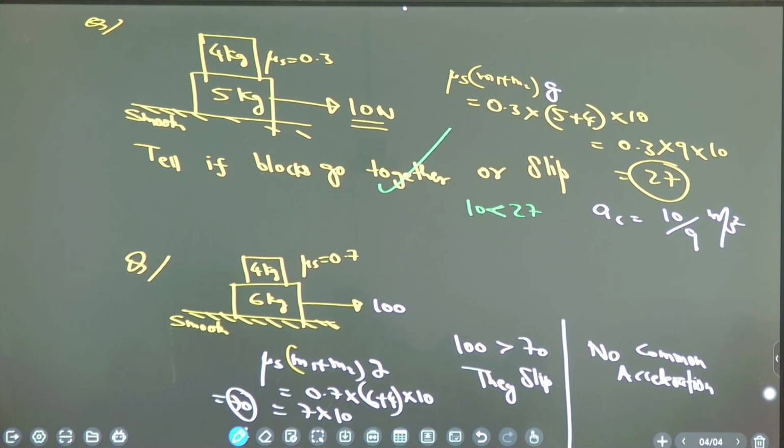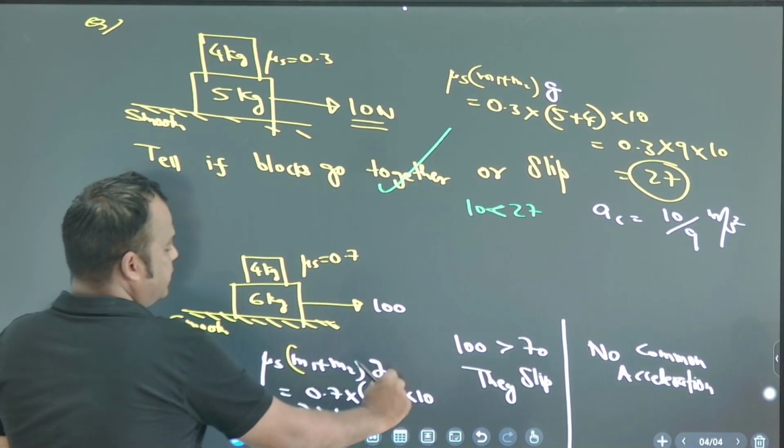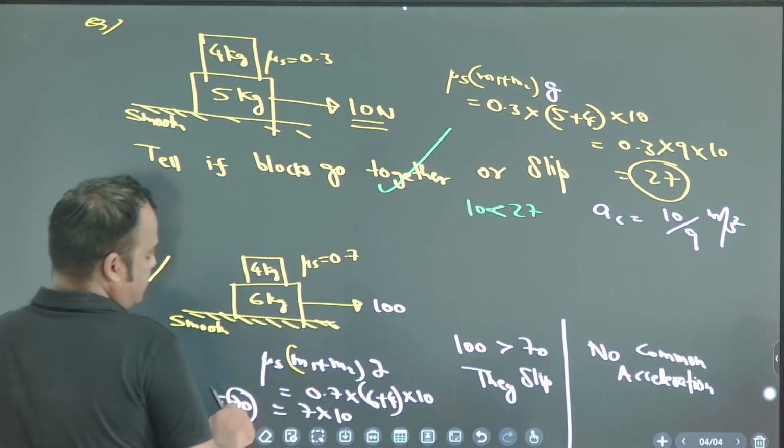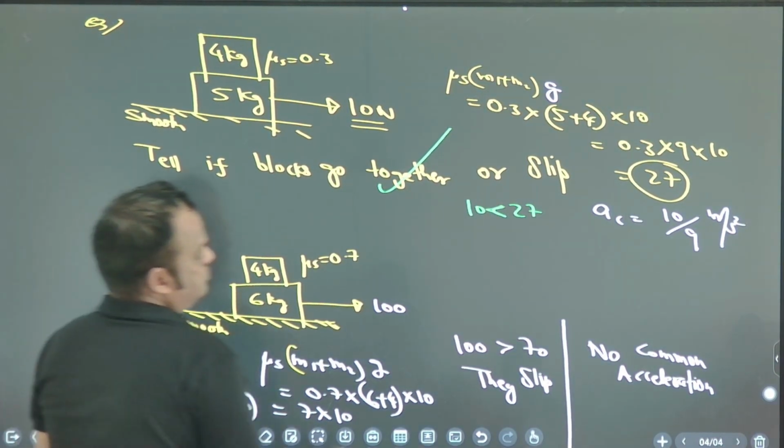Because mu s (m1 plus m2) g is less and the force is more, they slip.